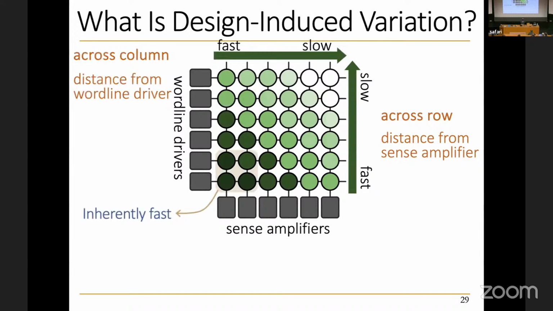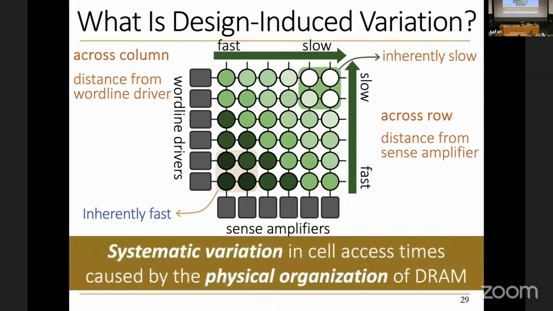So this is the main observation that this paper provides. And it tells you that if your data is closer to word line drivers and sense amplifiers, you can access it really fast. And some cells are inherently slow just because of the design.